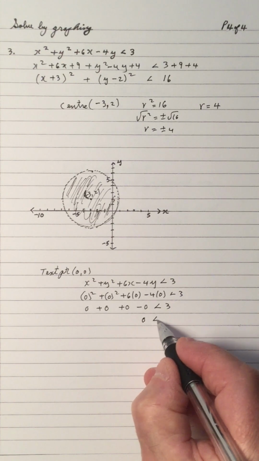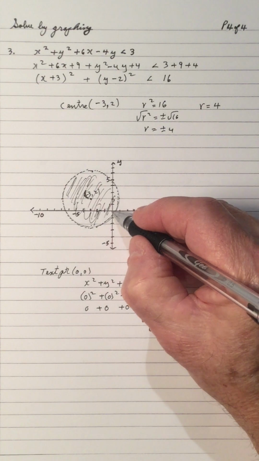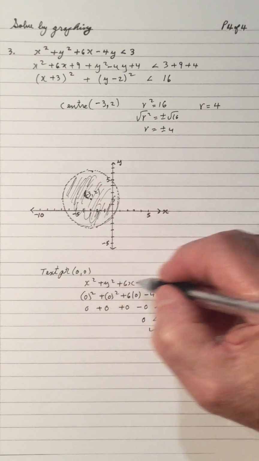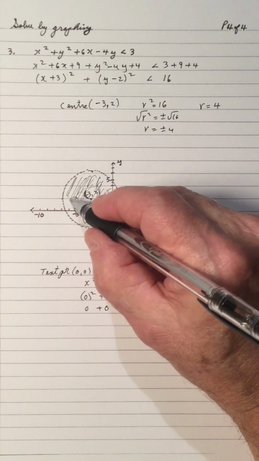So 0 is less than 3. That's true. So this test point satisfies the inequality. Again, that tells us that we're shading on the inside.